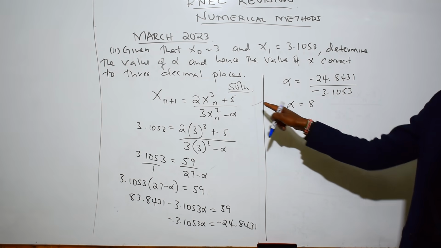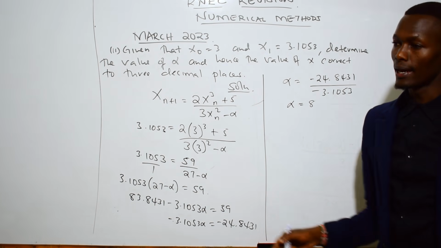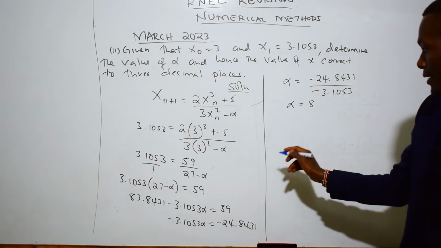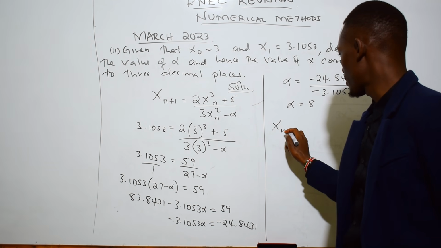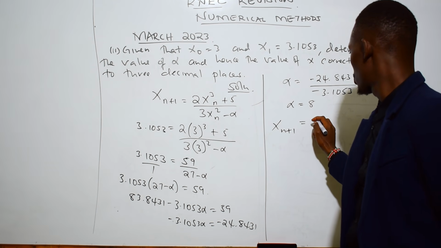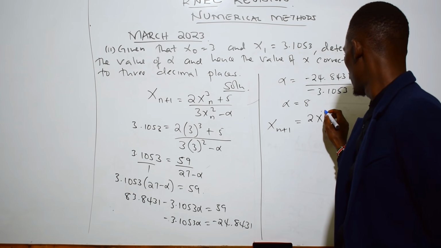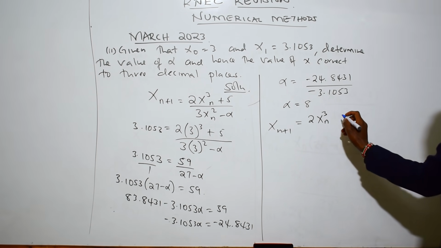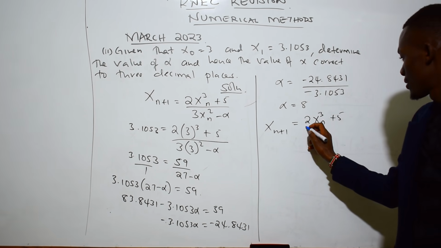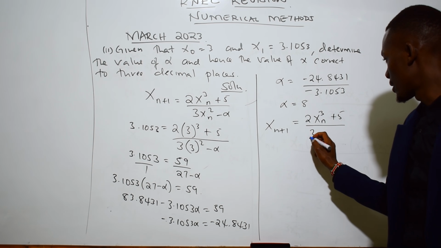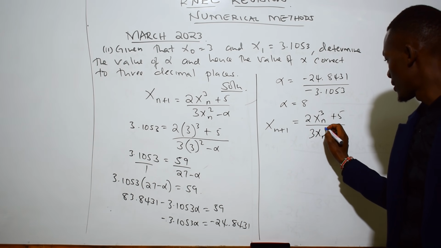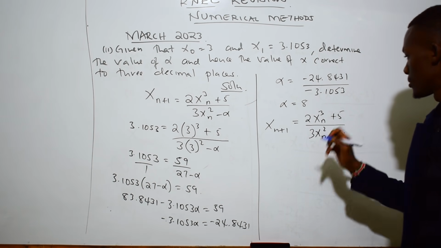So therefore, now you can write the best approximation. You have the value of alpha. So the best approximation here, xn plus 1, generally will be given by 2xn cubed, then plus 5 all over 3xn squared minus 8.